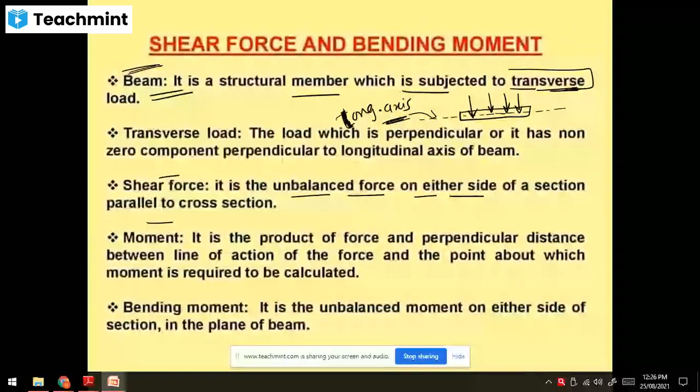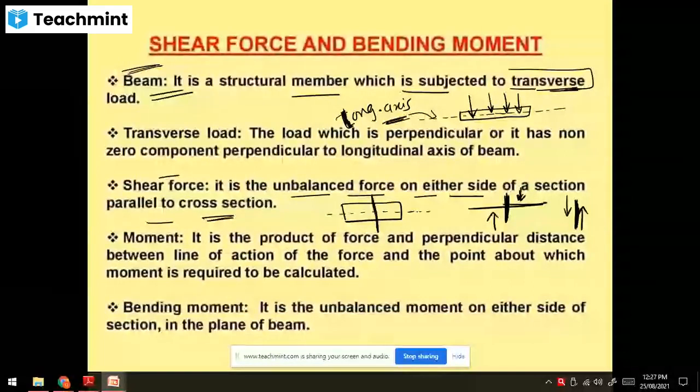If you take a section along the span of the beam, then the unbalanced force on either side of the section, towards the left and towards the right, which is parallel to the cross section of the member, is called the shear force.